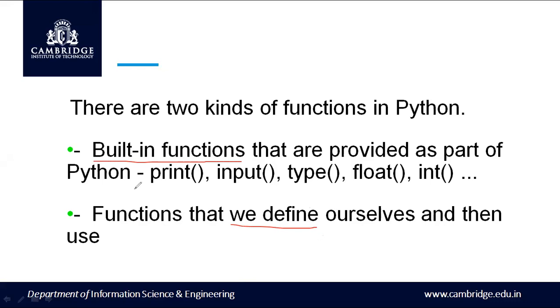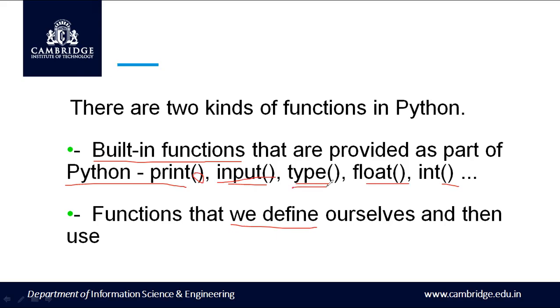Here we can see a number of examples of built-in functions in Python: print, input, type, float, int. Print is used to print the value within the parenthesis. Input is used to ask the user for input.